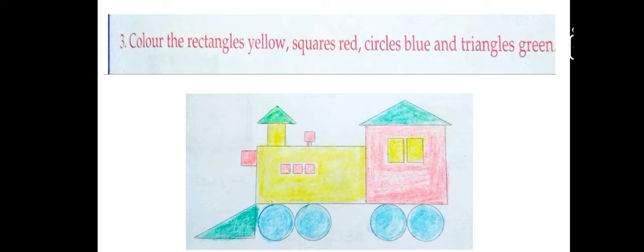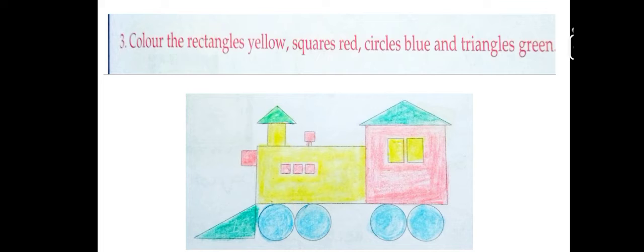Rectangles yellow. In these shapes, we have some rectangles and we will color these rectangles with yellow color. Now, next is squares. We have squares and we will color these squares with red color.